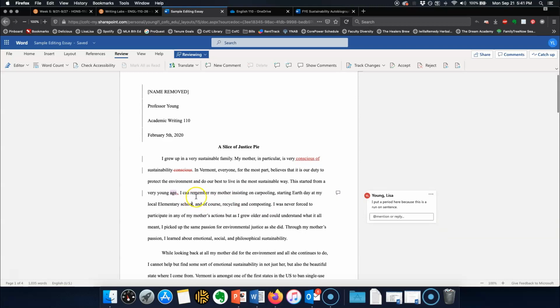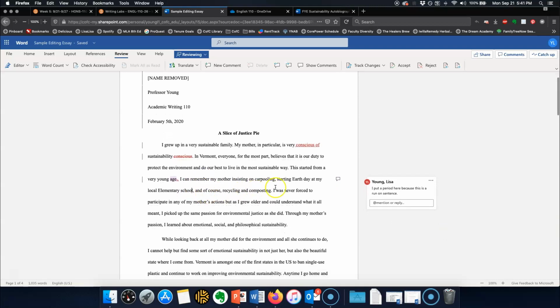And so then it says, I can remember my mother insisting on carpooling starting Earth Day at my local elementary school. So I would say, starting Earth Day. Earth Day is actually an event, so because it's a proper noun, both words need to be capitalized.